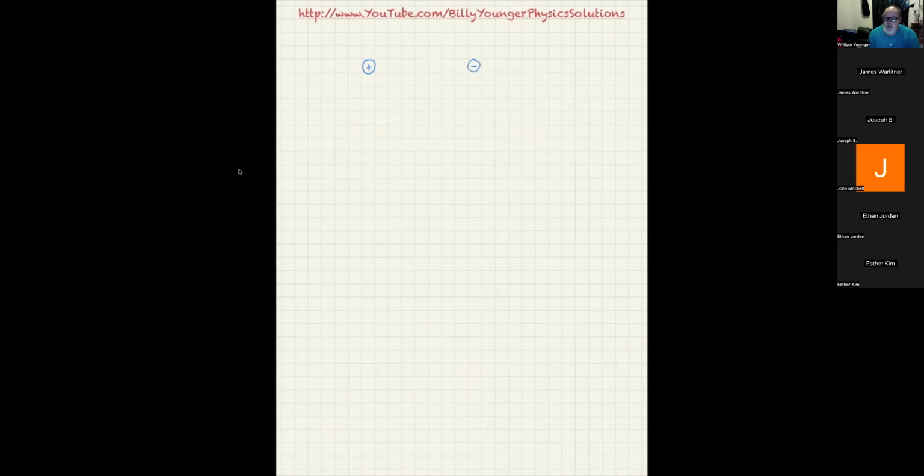Well, from Coulomb's law, we know that E is equal to Q over 4 pi epsilon naught R squared, right? And you can see that the electric field is going to be a constant at any distance R from a charge, right?